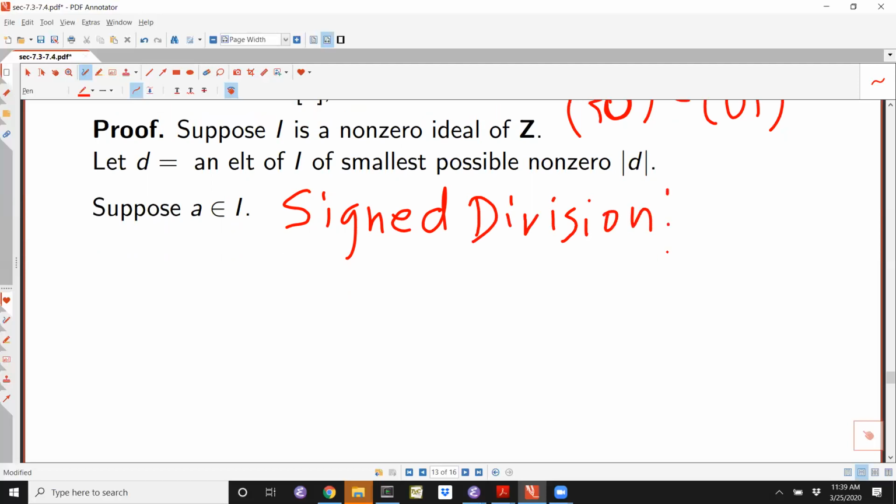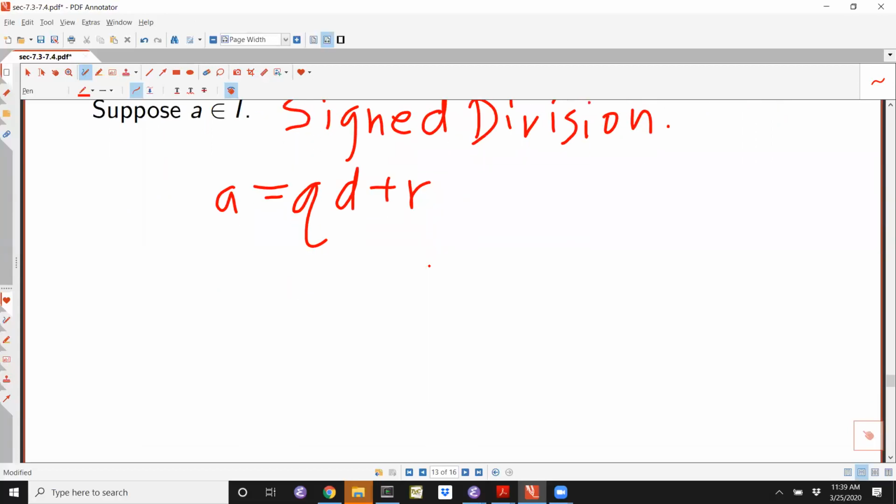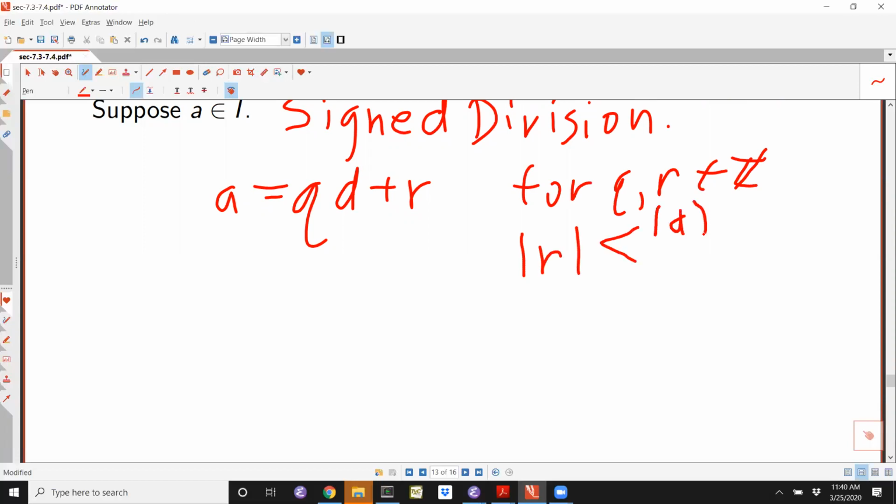So the signed division theorem says that a is equal to qd plus r. Well, all the division theorems always say something like this. But the interesting thing is the uniqueness is always talking about what properties we have in the remainder, for some integers q and r. And the important part is that the absolute value of r is less than or equal to the absolute value of d over 2.